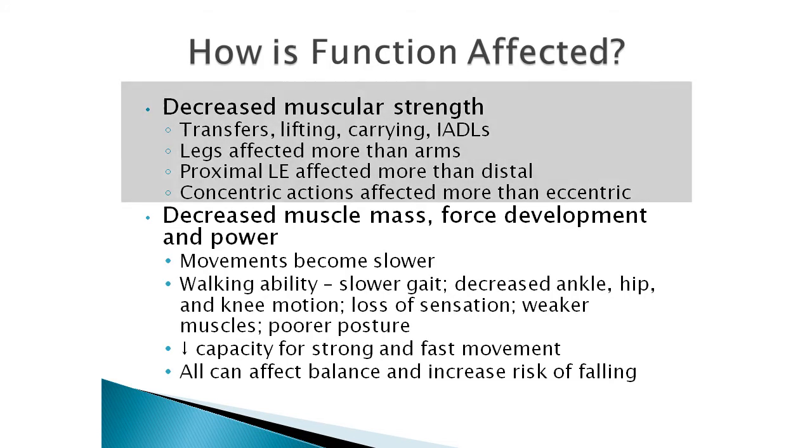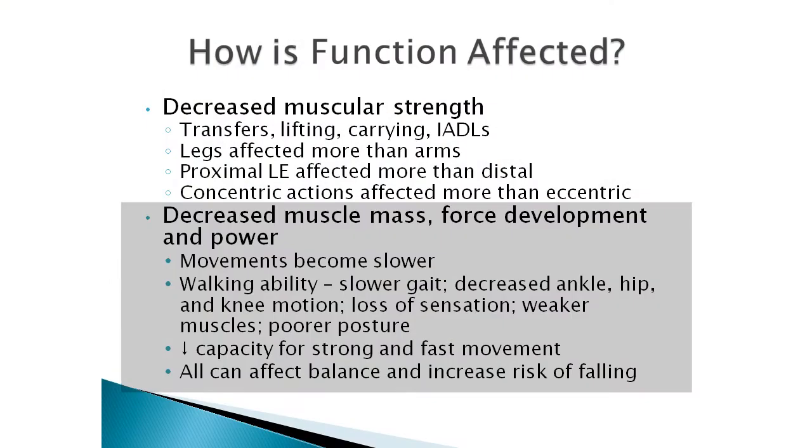The decreased muscular strength is noticed by the person during transfers, lifting, carrying, and independent ADLs. As mentioned earlier, the legs are more affected than the arms, with the proximal lower extremities affected more than the distal, and concentric contractions are more affected than eccentric contractions.